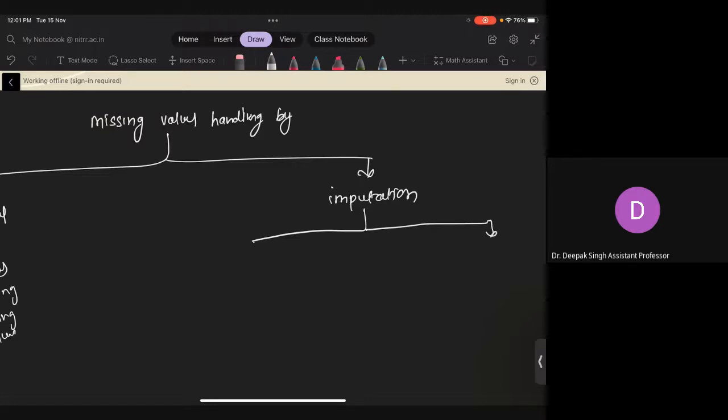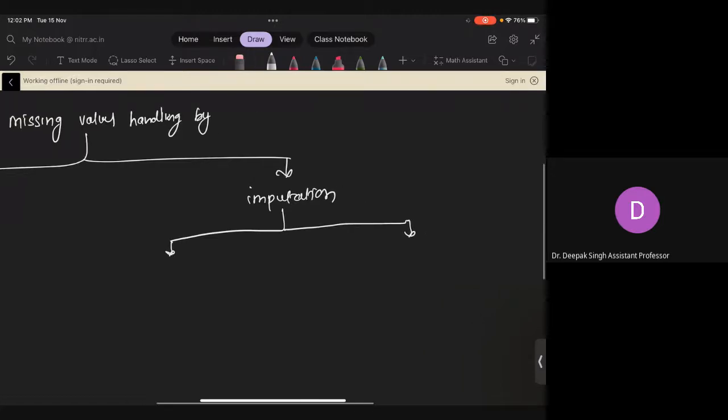While doing imputation, it is categorized into univariate and multivariate. Can you tell me how this can be related to univariate? When you are depending on or analyzing only a single column, I would say univariate. Multivariate means when you are depending on or analyzing more than one column. Suppose age was a column carrying multiple missing values.